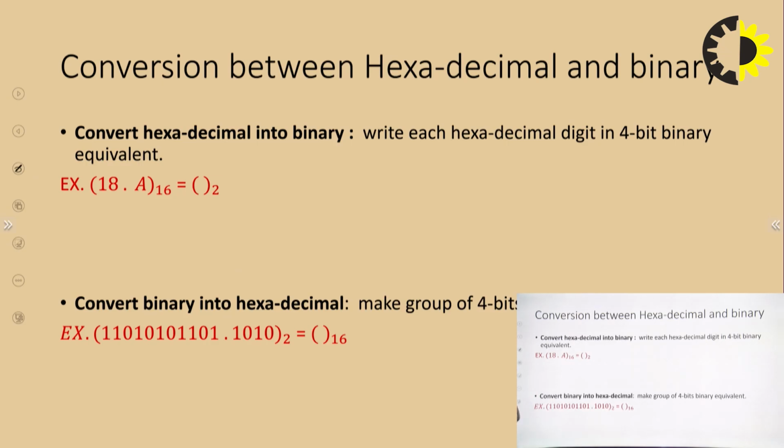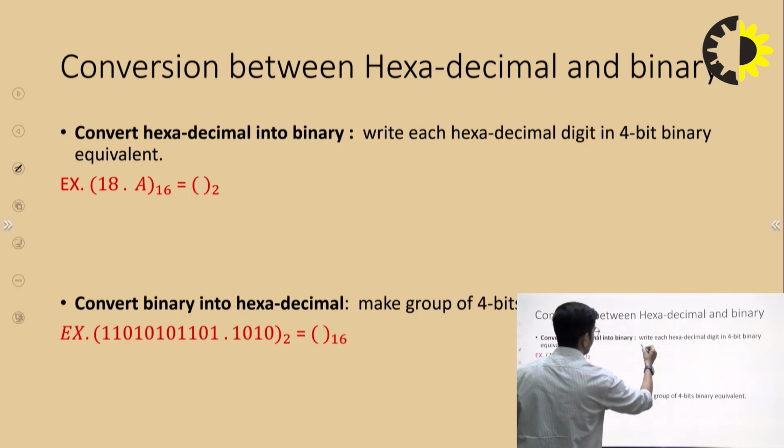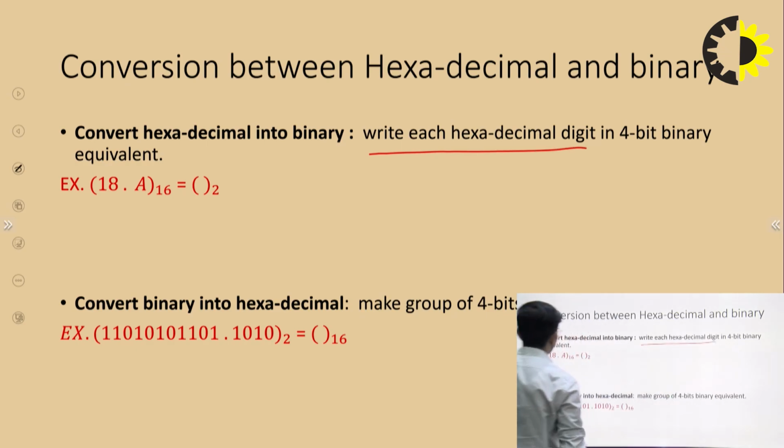Next is the conversion between hexadecimal and binary. To convert a hexadecimal number into binary, we have to take groups of 4 bits, because this is hexadecimal in nature. Each hexadecimal digit we represent as a 4-bit binary equivalent.